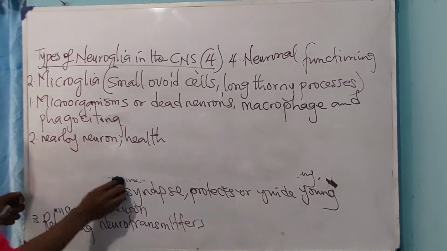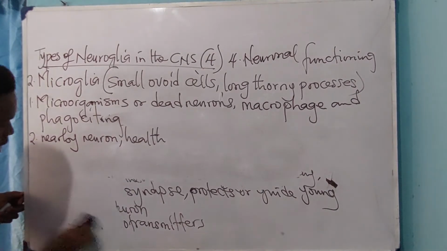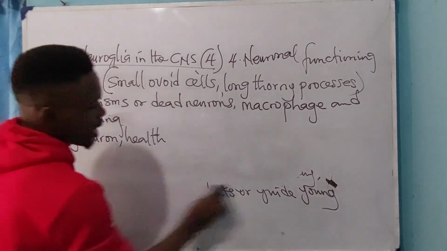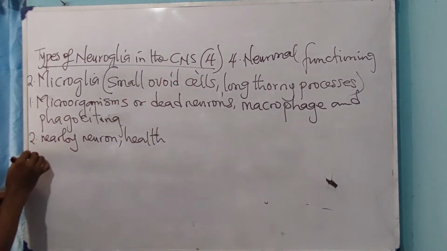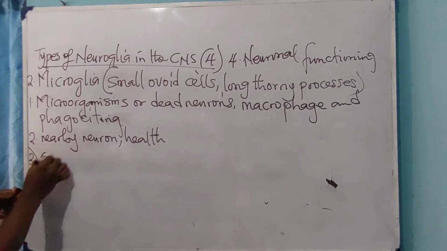Now, the third one is the oligodendrocyte.